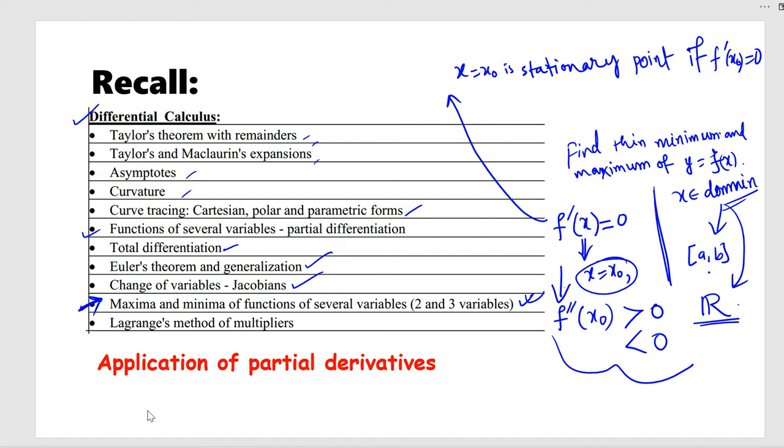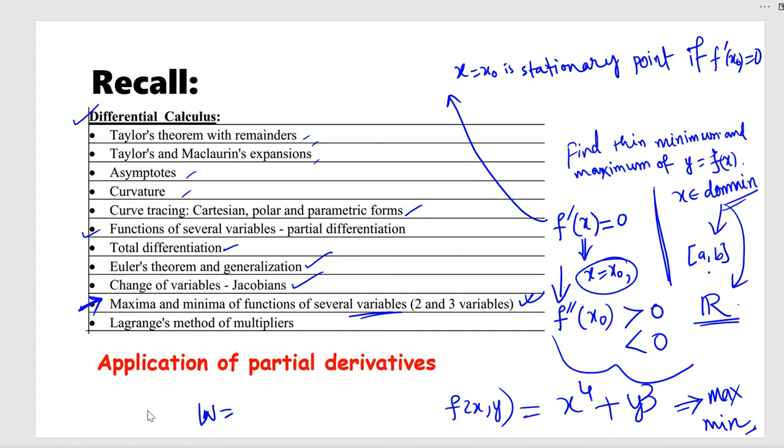Now, since you are in college, you need to study the several variable case. What will be the maximum and minimum point for, for example, f of x, y equals x to the power 4 plus y cube?